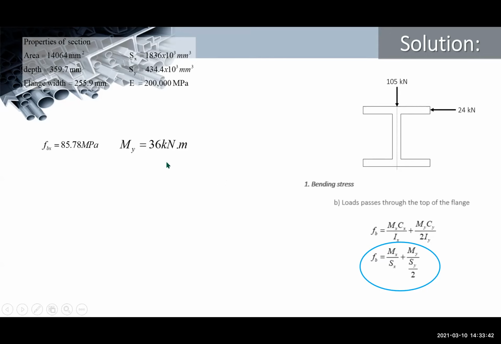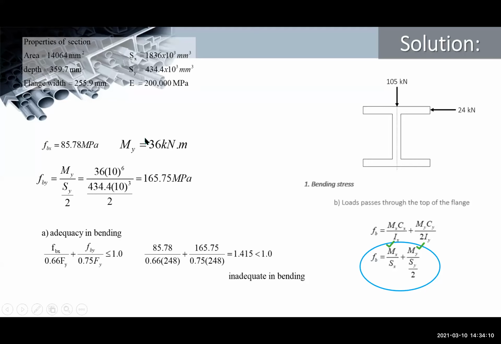Now, compute natin yung FBY. Ito, MY over SY over 2. Diba? Ito yung FBX, ito yung FBY. Compute natin yung FBY. So, MY, from the previous example, SY over 2, we will have FBY equal to 165.75 megapascal. Now, check for the adequacy.